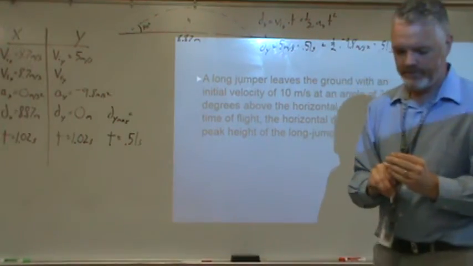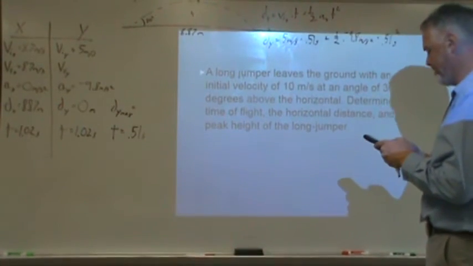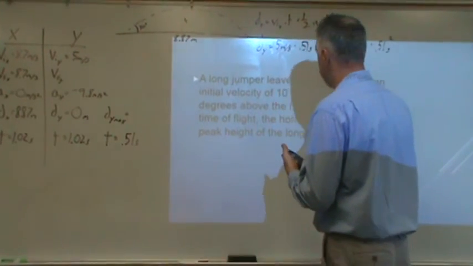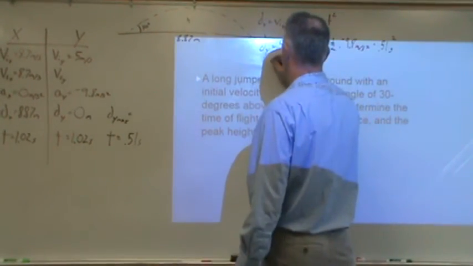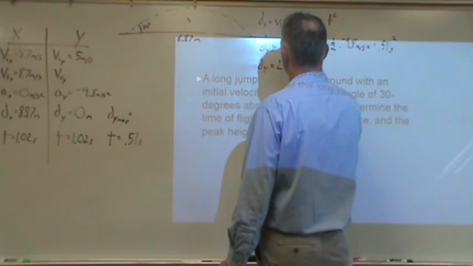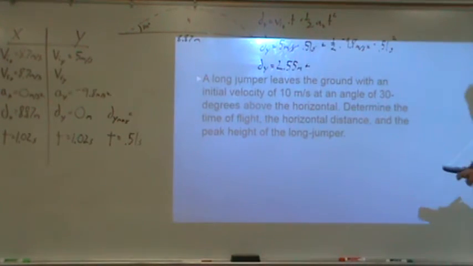Now, start doing some multiplication. 5 times 0.51 gives me 2.55. Seconds cancel out, leaves me in meters. dy equals 2.55 meters plus negative 4.9 times 0.51 squared.